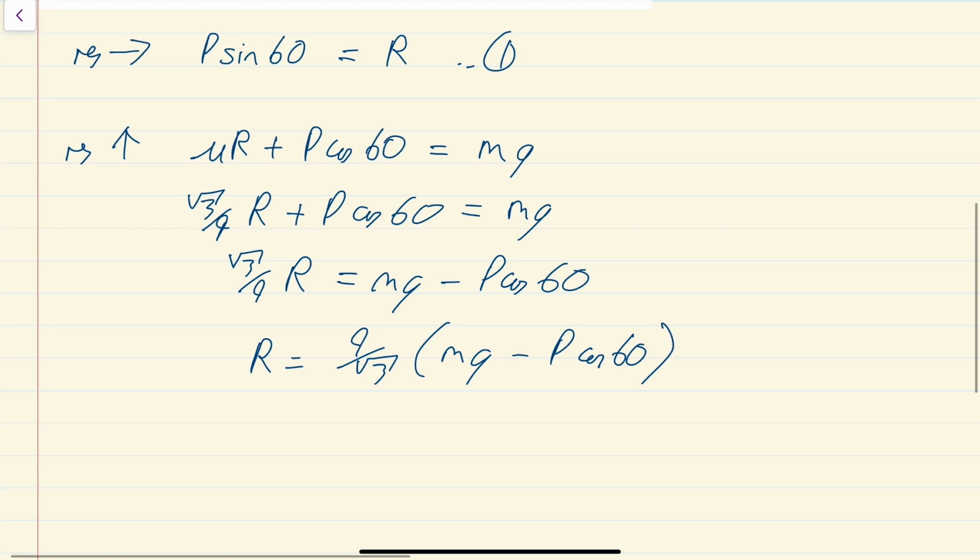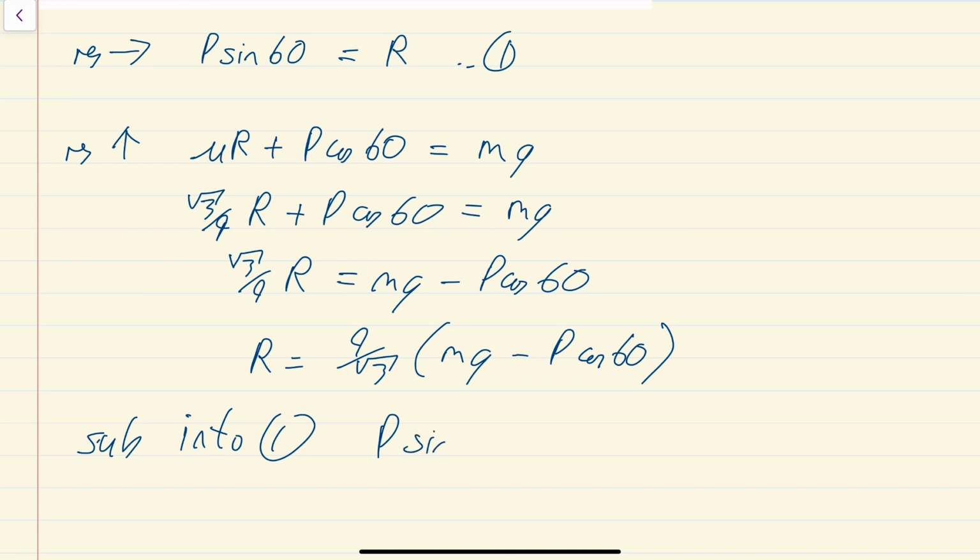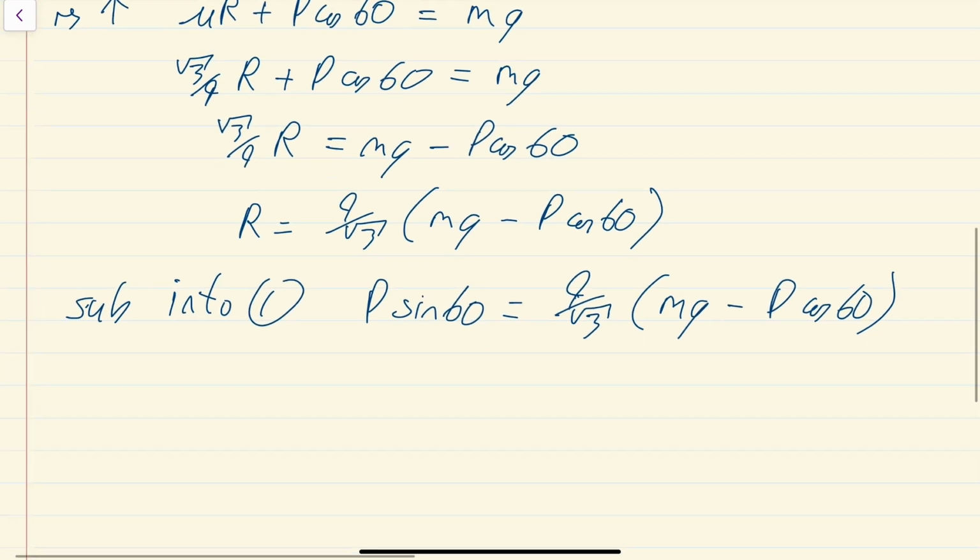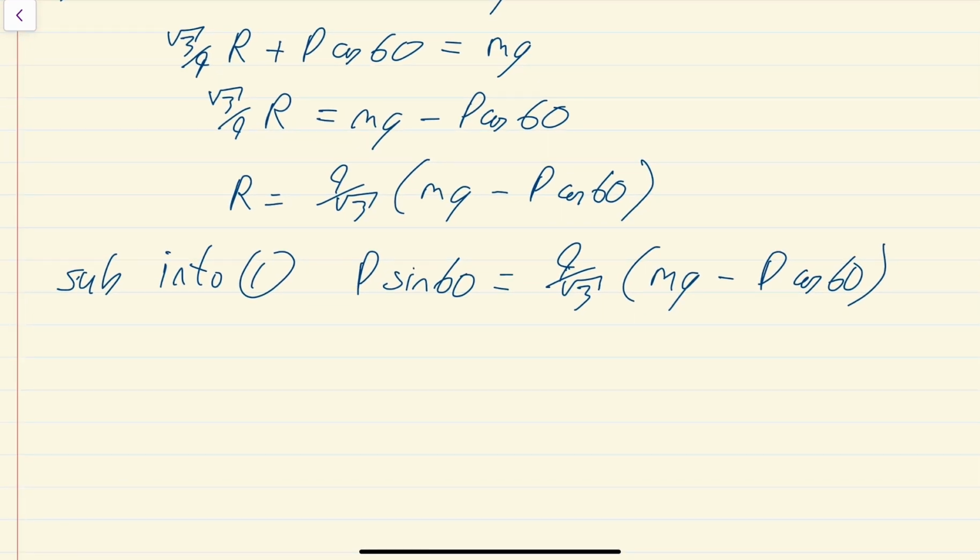So that means sub that into equation 1, and it's just messy, this question, so sub into equation 1. Your equation 1 is going to be P sin 60 is equal to 9/√3 times (mg minus P cos 60). Let's just multiply that out and bring all the P things to one side.